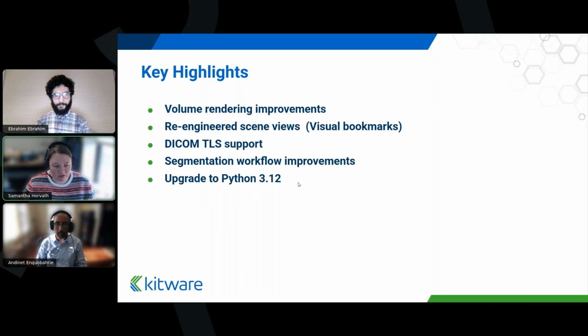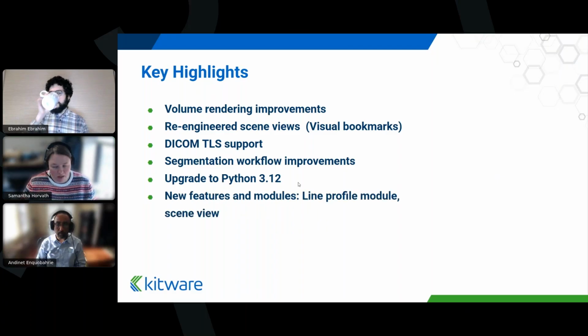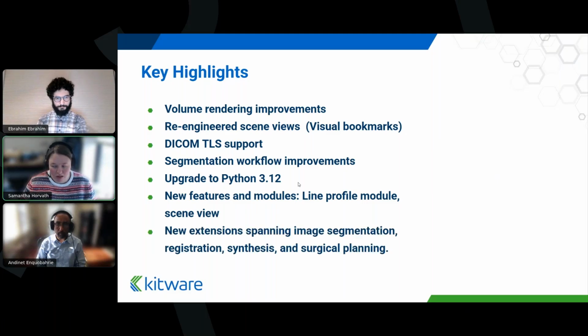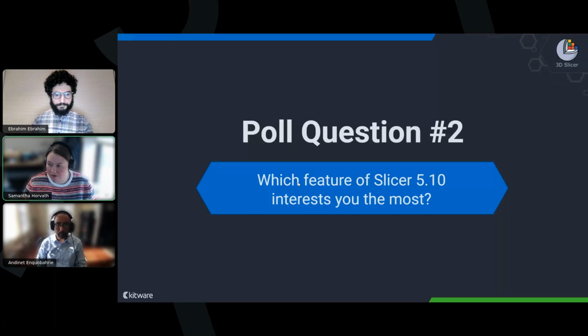This ended up being a very significant update for the underlying infrastructure of just even building the Python version that we distribute with Slicer. And so now we are using modern packages, and it's a lot more user-friendly for those who install packages on their own. As mentioned before, new features and modules such as line profiles and scene views, and the new extensions that we discussed in the stats review, and we'll be looking at more in the demos.